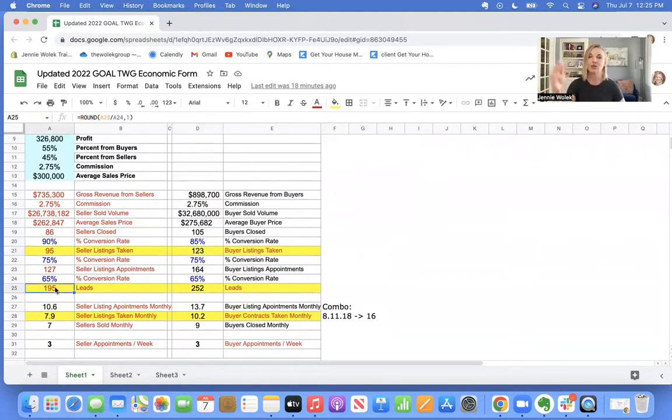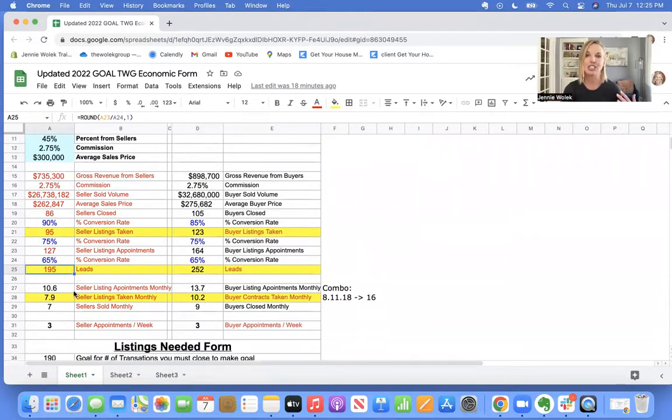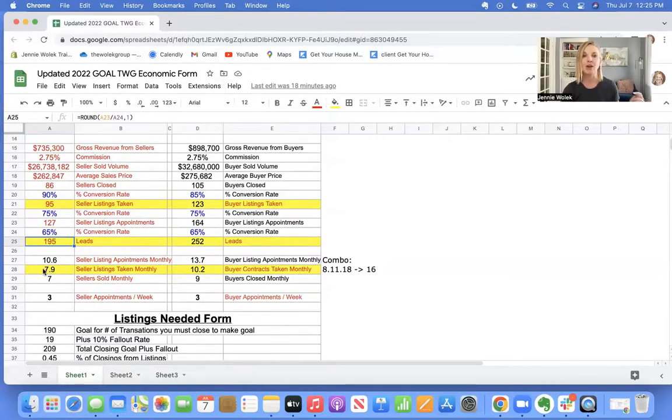So that then just through the math and the percentages, that gets you to how many leads you need to generate of each. Don't worry so much about that. But then what you want to focus on is, okay, what does that chunk down to each month? If that's the annual goal. So really, that's just 8 seller listings and 10-ish buyer listings taken, a contract.